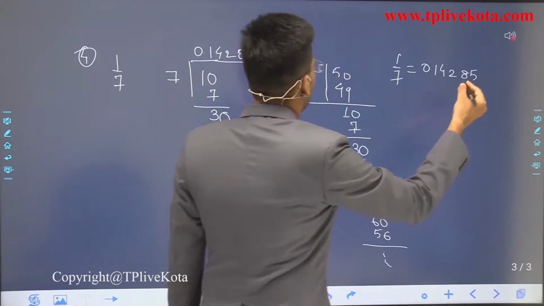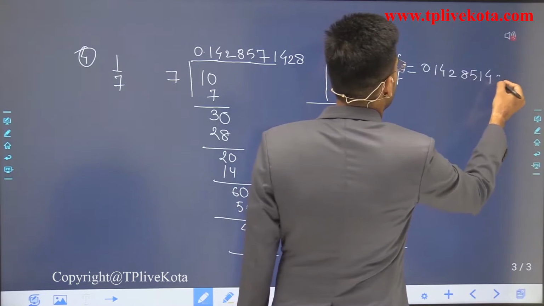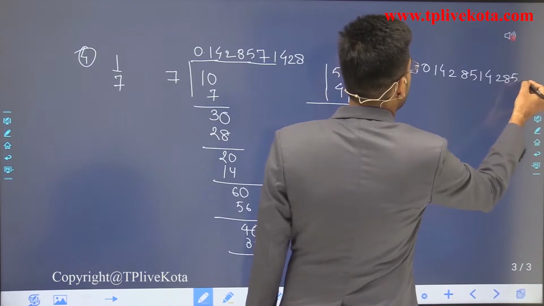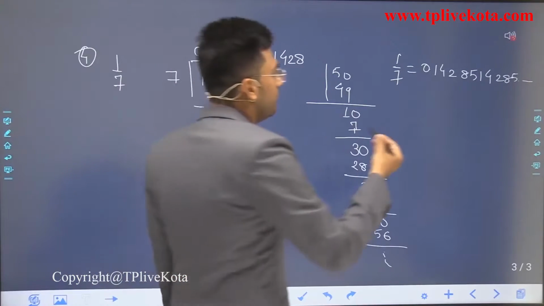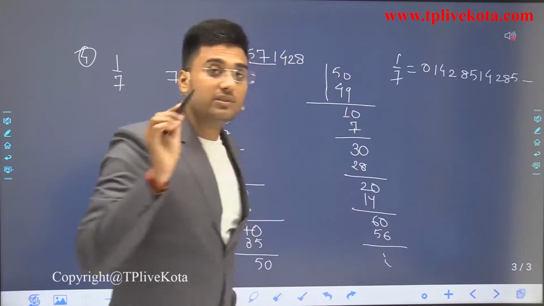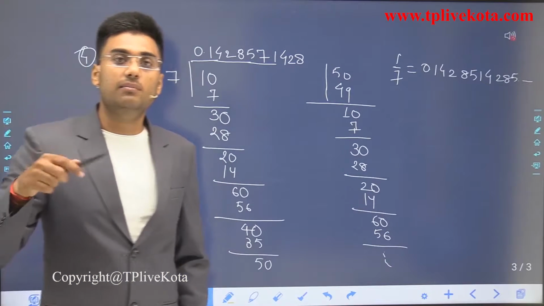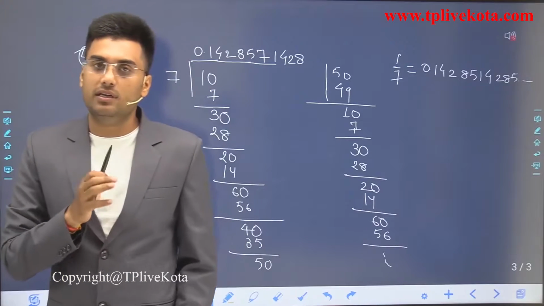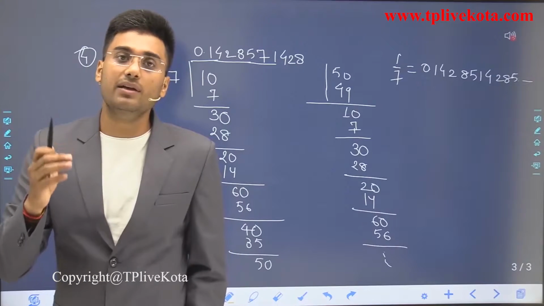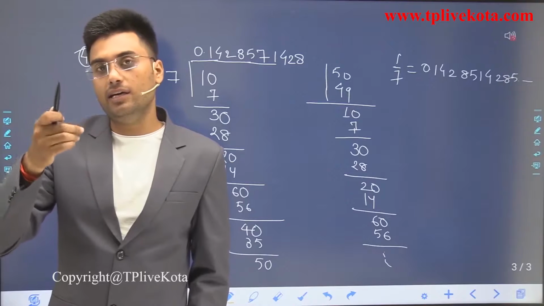0.14285, 14285, and so on. What do we conclude? In the first example we see that the decimal representation of a rational number does not terminate or end, but it repeats.